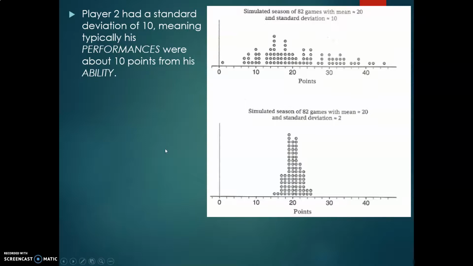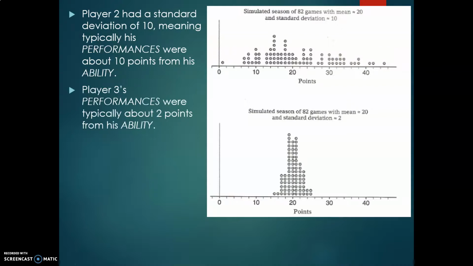And in our third and final one, the standard deviation is only 2. So on an average night, his score is only 2 points away from his mean. As you can see, he's significantly more consistent.